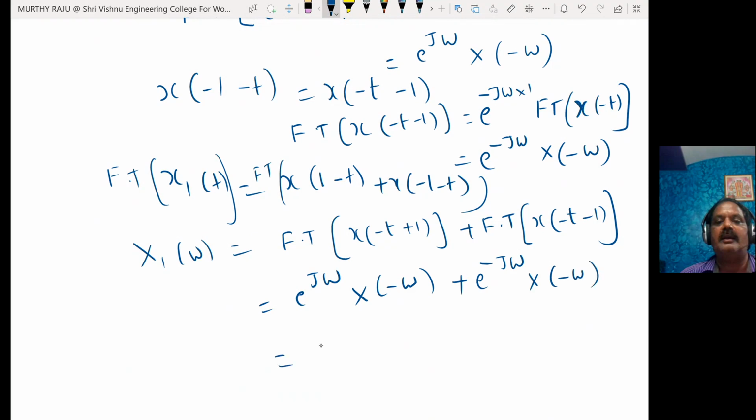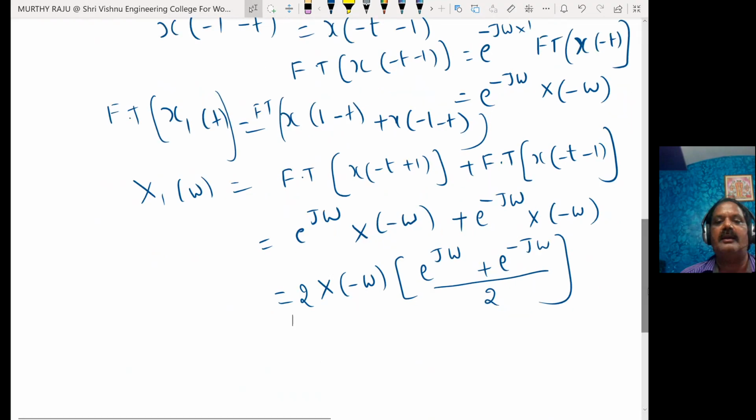X of minus omega is a common term, times e power j omega plus e power minus j omega. Multiply both numerator and denominator by 2. Therefore, 2 X of minus omega times e power j x plus e power minus j x by 2, which is cos x. That is cos omega.